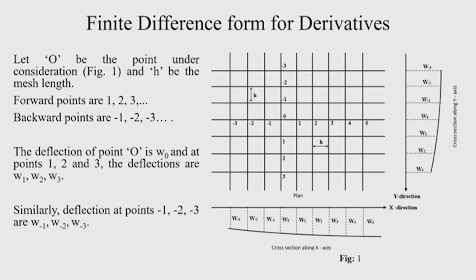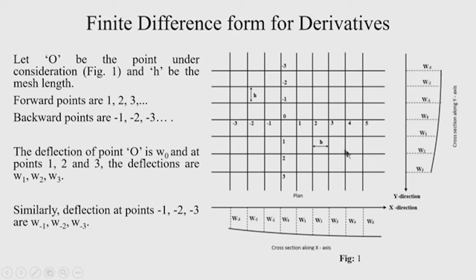One can choose unequal mesh size also. Okay. Now, here you can see the deflected surface, if you see a section along the x direction, you will see this is the deflected surface. Similarly, if you see the deflected surface along the y direction, you will see this is the deflected surface.